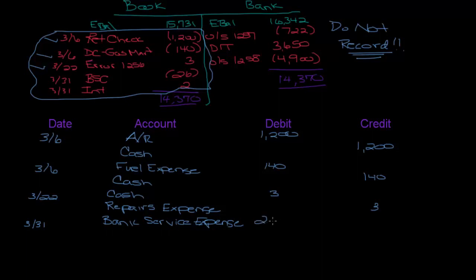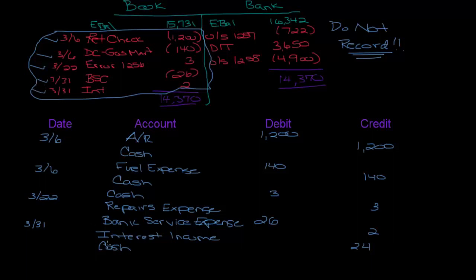So I'm going to debit this $26. Then I've got a credit to interest income, and that is going to be $2. Okay, so I've got $26 debit, I've got $2 credit, so I need a $24 credit, and that will be cash. And now we've recorded this and this.